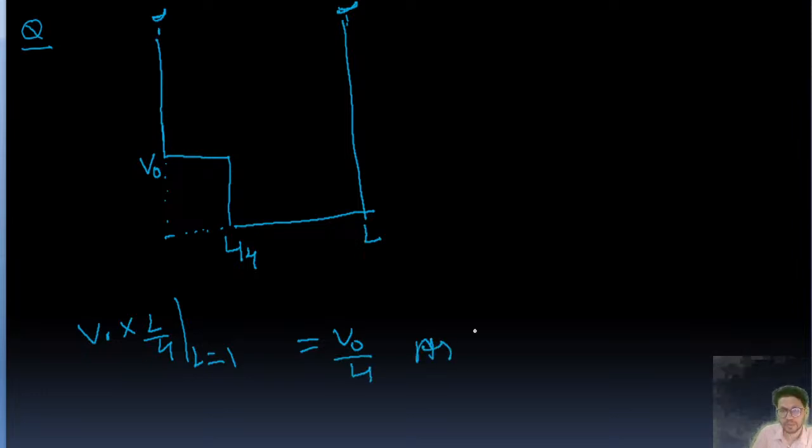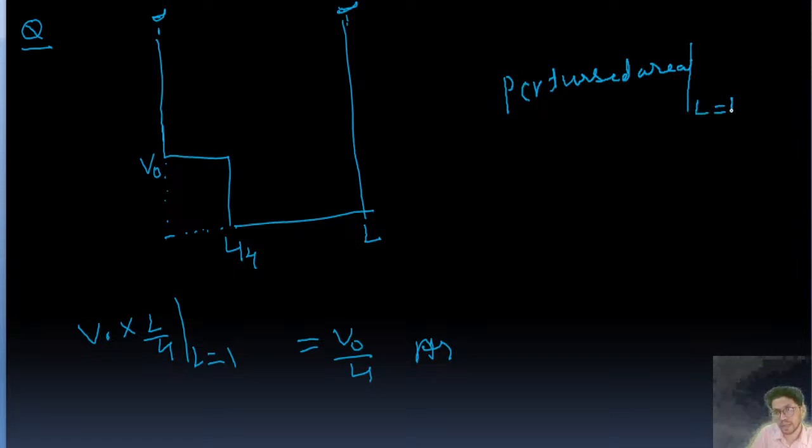Okay, very simple. So the trick is, the area of the perturbed part, or we can write perturbed area at L equal to 1.